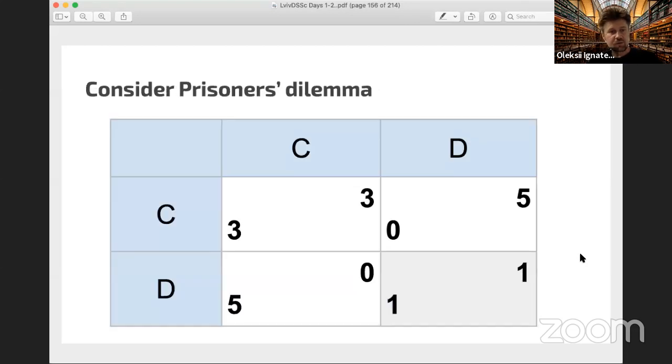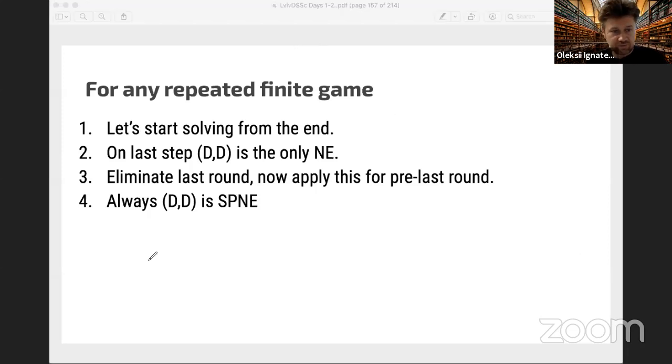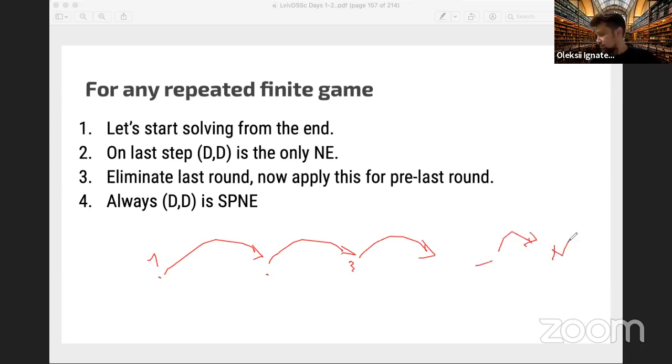Okay. So first let's solve this repeated game for any finite repetition. As I said, if you have a finite repetition, then we have rounds: round 1, round 2, round 3, and so on, up to round n. And at round n, since this is the last round, it's quite natural for each player to try to cheat and get a better payoff.